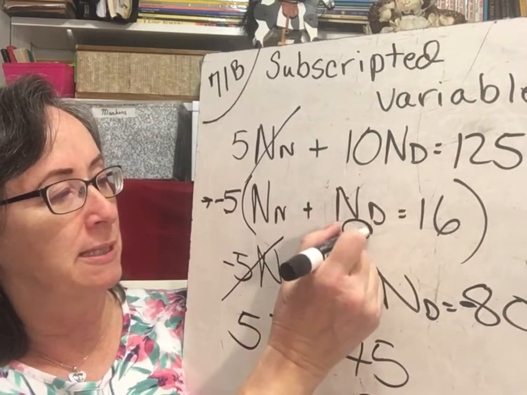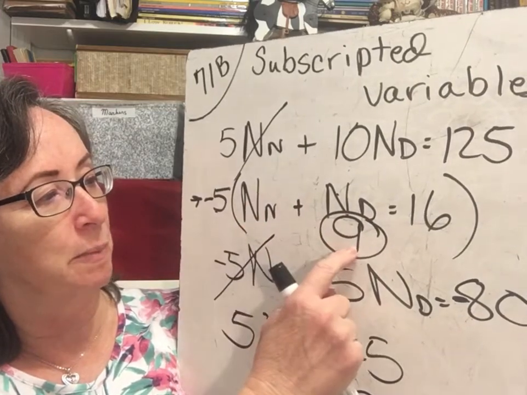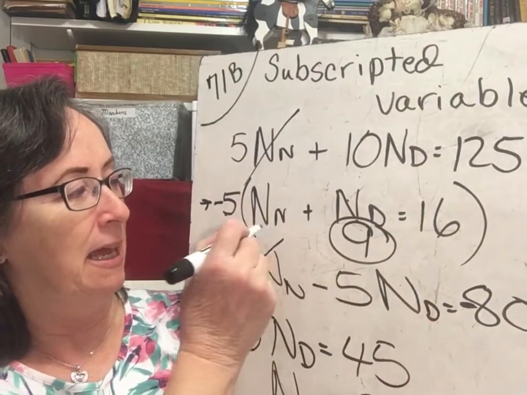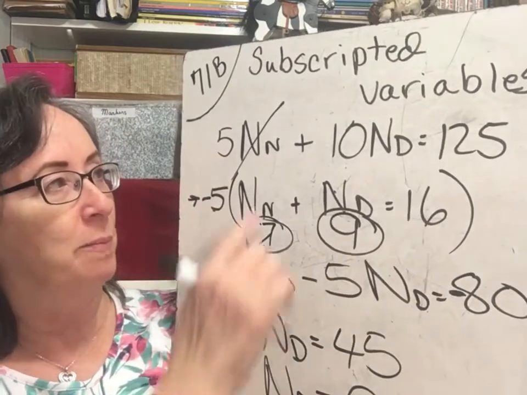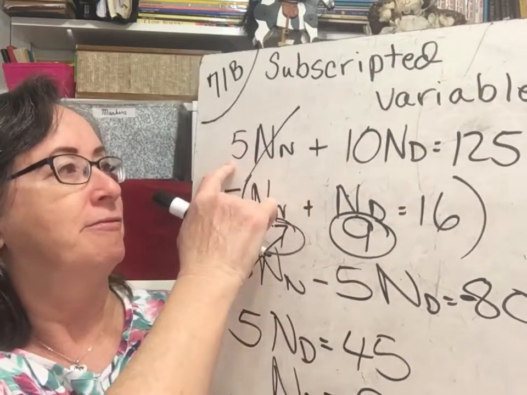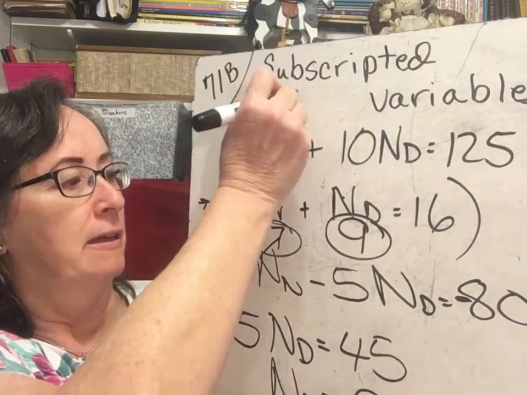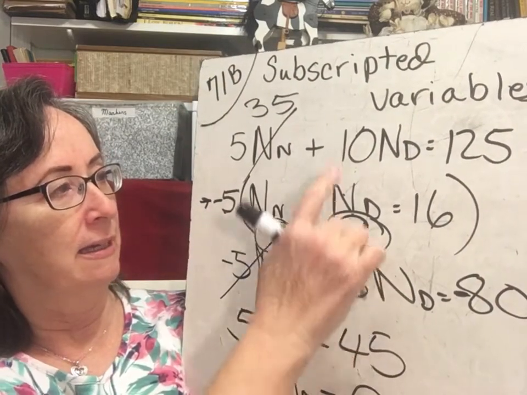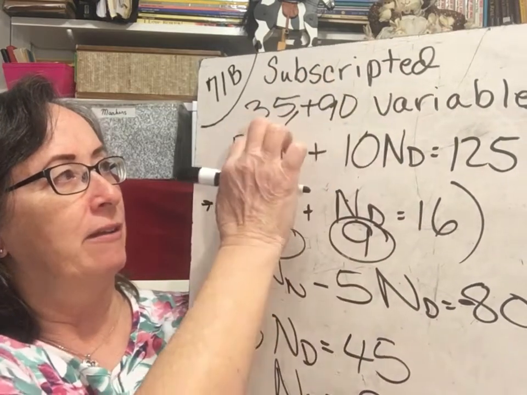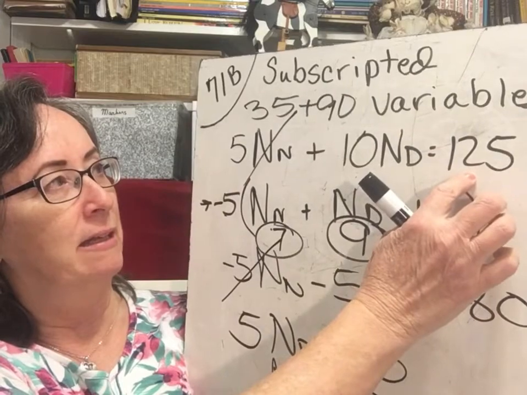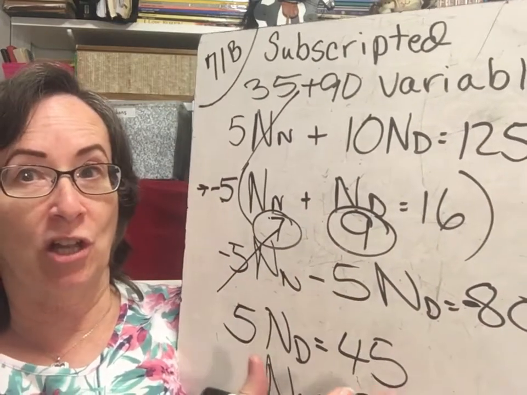Number of dimes is 9. That means my number of nickels plus 9 is 16. That means my number of nickels is 7. Then I would go back up here and I would check. 5 times 7 is 35. And 9 times 10 is 90. And if I added 35 and 90, would I get 125? And I would. So we could solve using that.